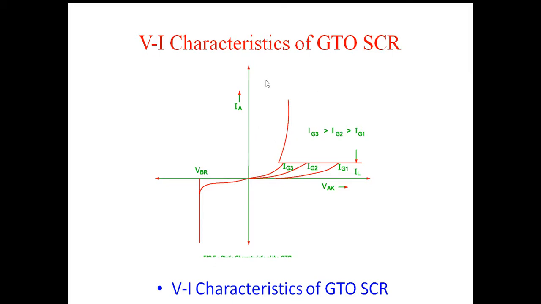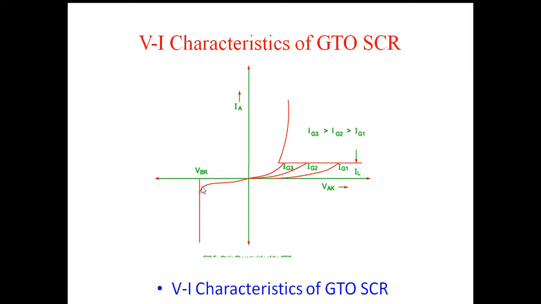So we observe that the characteristics are similar to SCR in forward bias and also in reverse bias. Initially, when the device is subjected to reverse bias, a small amount of leakage current flows through the device, called reverse leakage current.